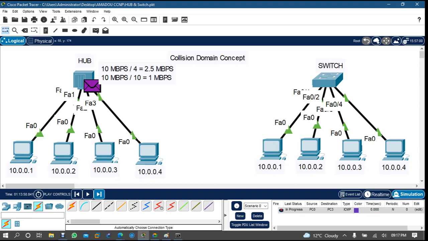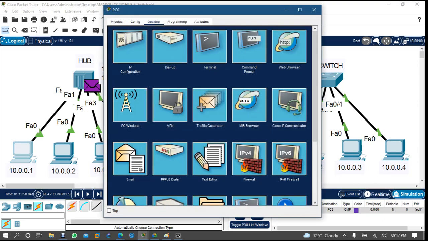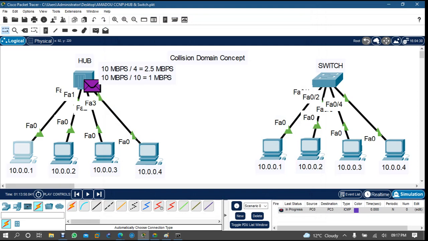Before this, the PC generated ICMP but held that ICMP packet and sent the first ARP packet. Now when I started the second communication, it generated ICMP, but no ARP.